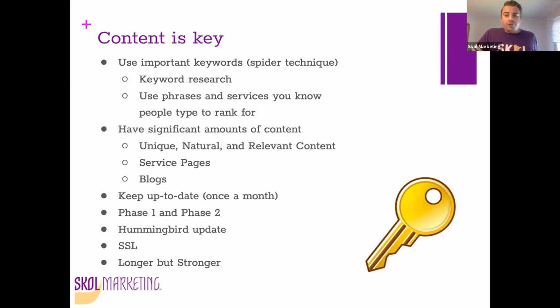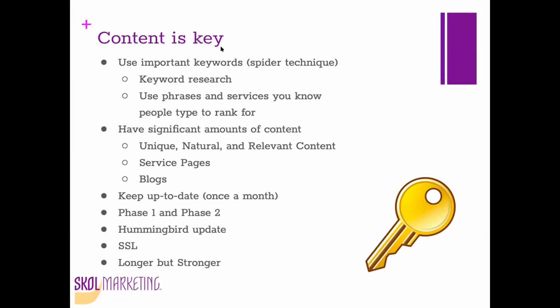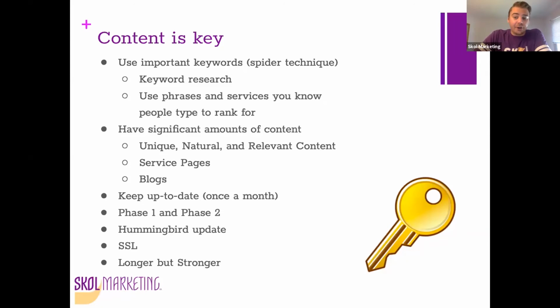The other thing to look at is having an SSL. If you ever see at the top of a website that it says HTTPS, it means that your website is secure. A lot of times it's the little padlock on your website. What this does is essentially encrypt the information on your website.